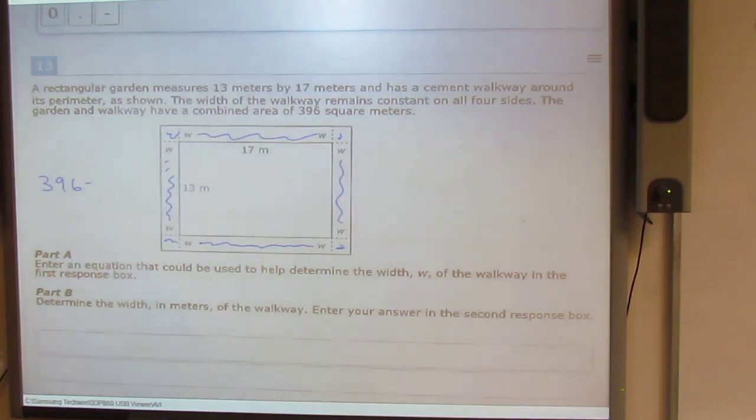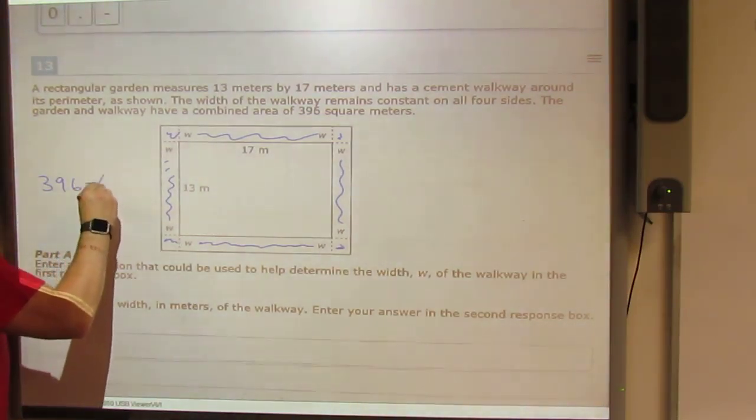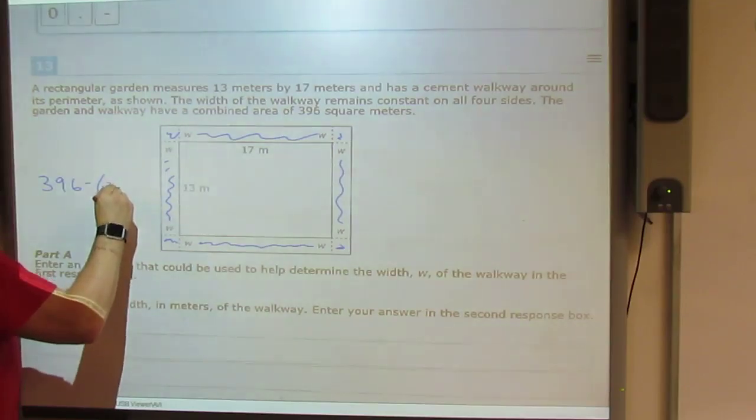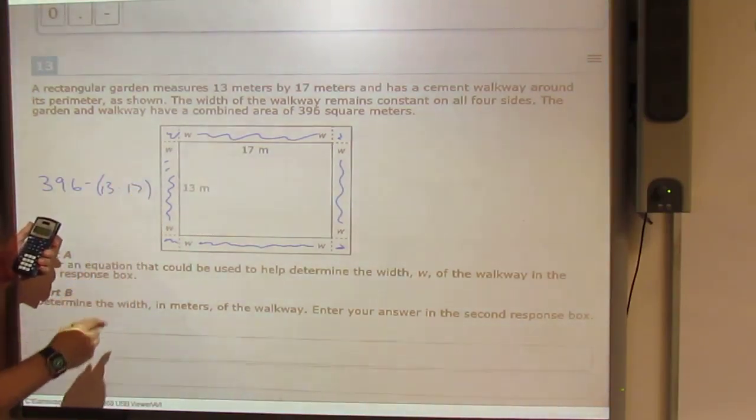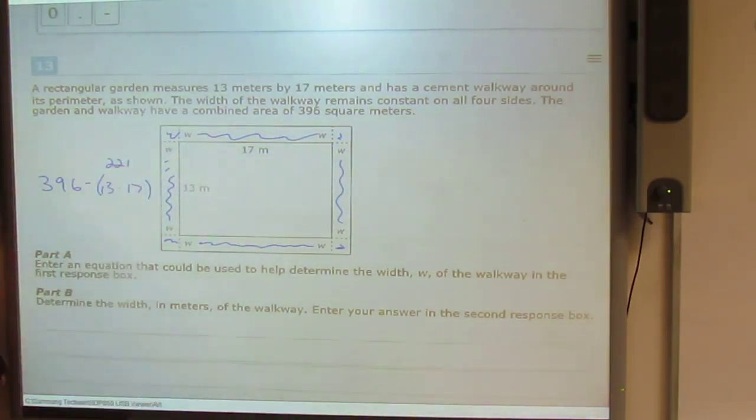So the area of the walkway should be the total 396 minus 13 times 17, which would be 221. Now that would be the area of it. We need to figure out an equation for W.